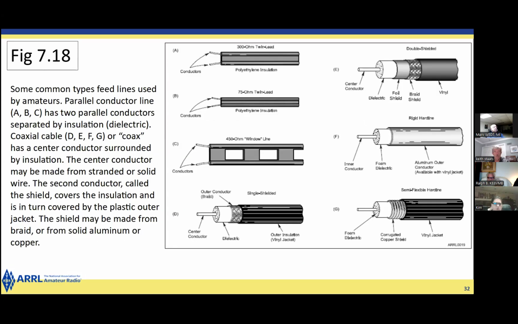So window line is the stuff over here, in C here, that's window line. A and B are stuff you probably have seen if you've ever fooled around with TV antennas.